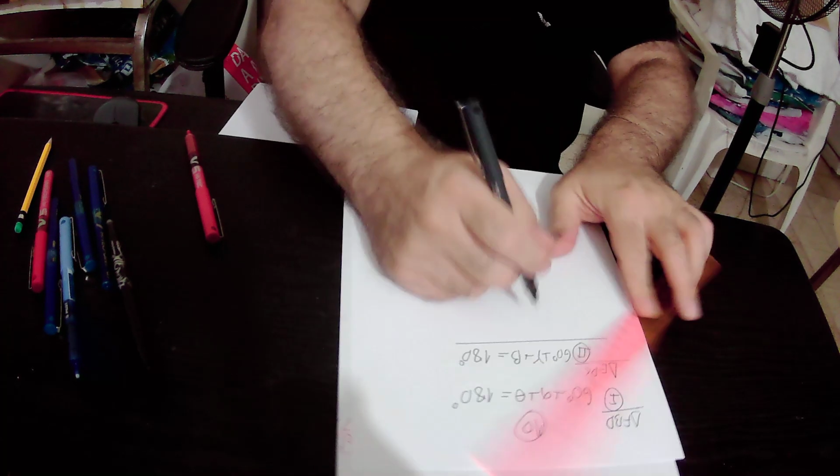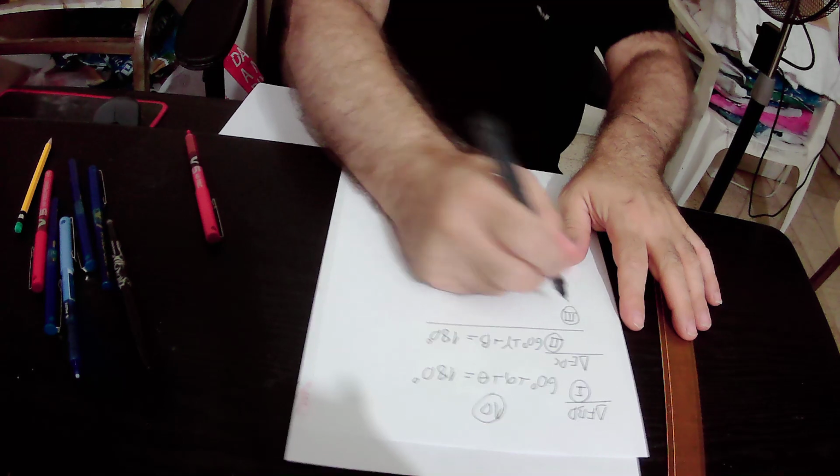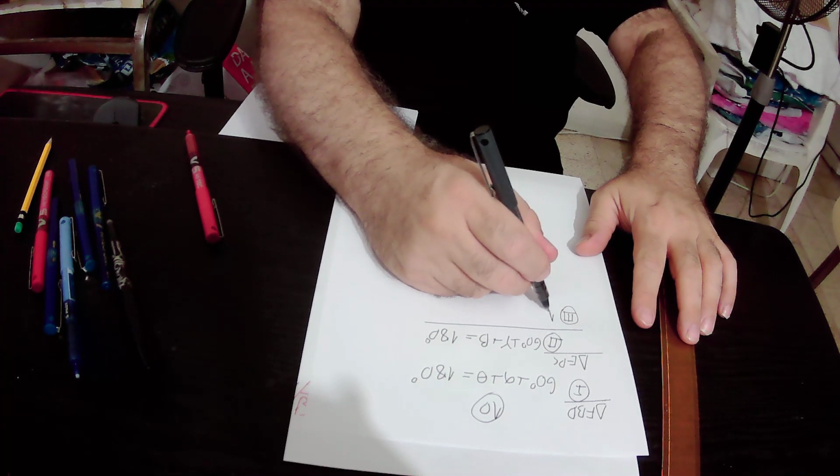According to equation number 3, 60 degrees plus 60 degrees is 120 degrees.